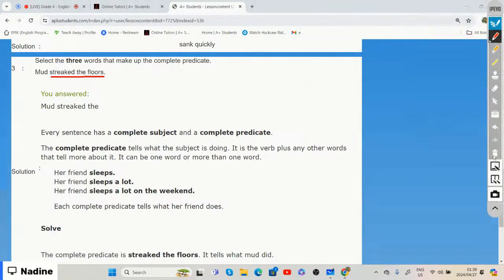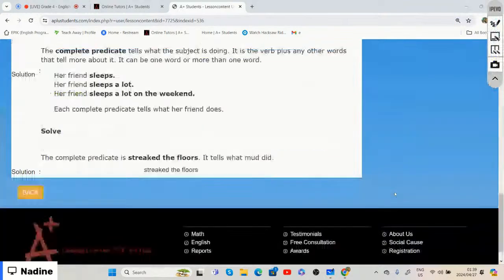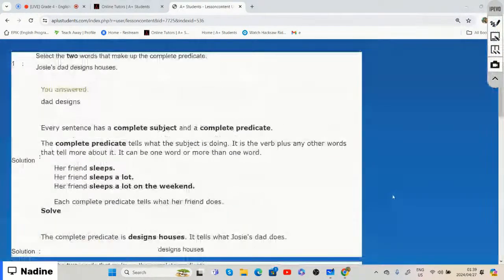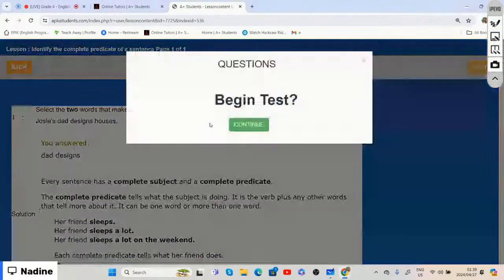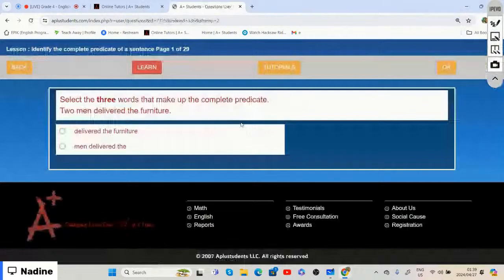All right, so now let's do our test, where we are going to identify the complete predicate of a sentence. Two men delivered the furniture.